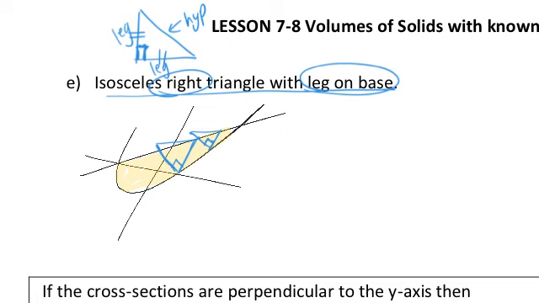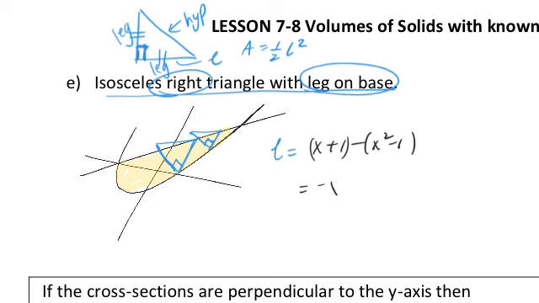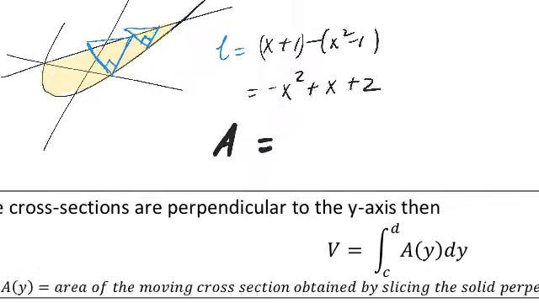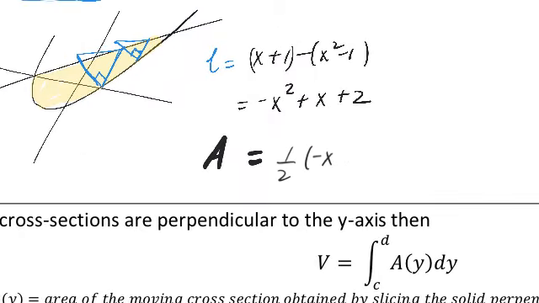But for this situation, if I call this leg L, then the area, 1/2 base times height, just comes out to be 1/2 L squared. The L is the same as before. It's x plus 1 minus x squared minus 1, which boiled down to this. And so we'll just say area now is going to be 1/2 of that thing all squared.